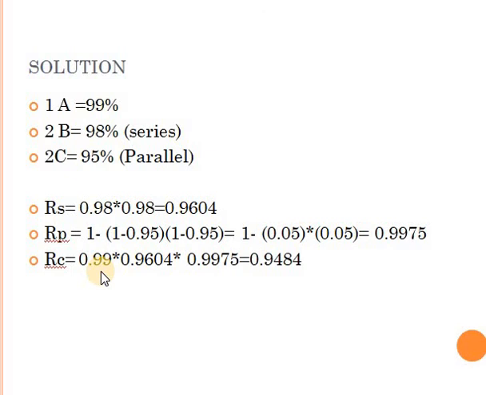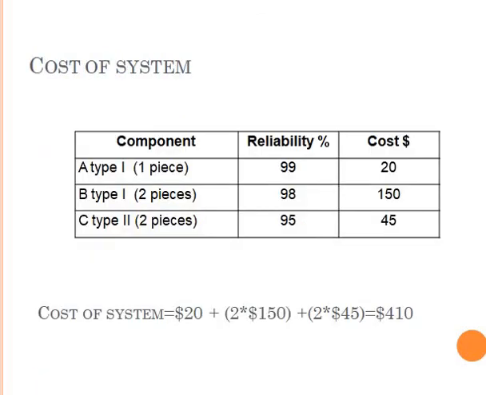This is related to A. Now the next one is related to 2B, which are arranged in series. The final answer for the arrangement in series was 0.9604 times what I got from the final answer of the parallel arrangement, which is 0.9975. So you will see that the overall reliability of this combination is 94%, which is greater than the value that I requested.